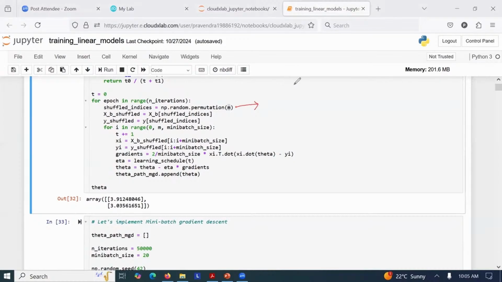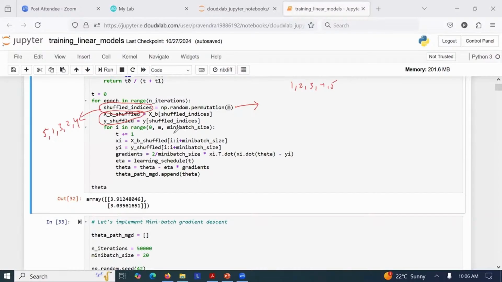For example, if we have 5 data points, 1, 2, 3, 4, 5, it will do this shuffling operation, and shuffle index will give you, let's say, first position 5, then 1, 3, 2, and 4, right? After doing the shuffling operations, we will get the shuffled data points and corresponding output, right?